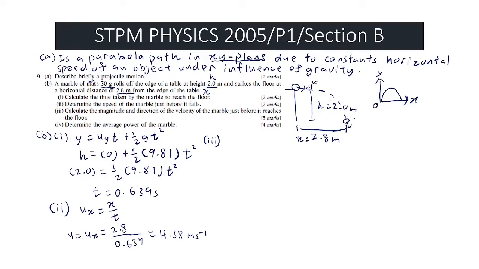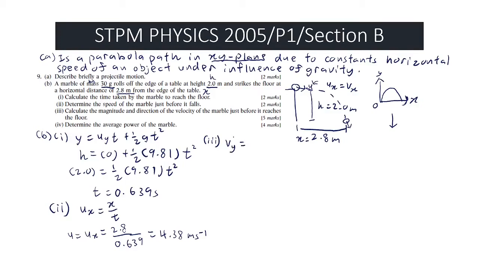And here we can see we have a y and x component, and we know that u_x will equal v_x, because this is a constant horizontal velocity, and the gravitational acceleration is only in the y component. So now we have to figure out this v_y.